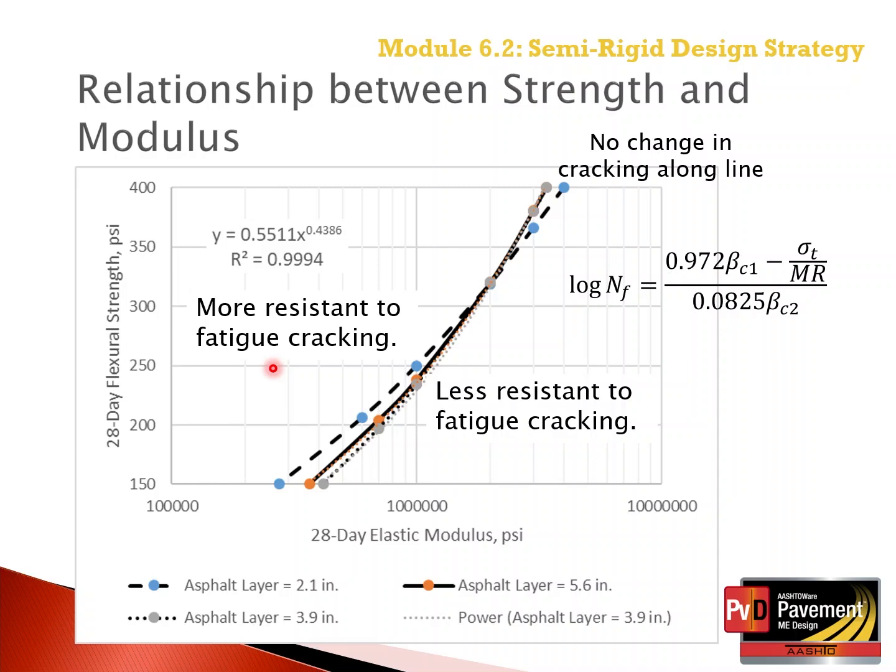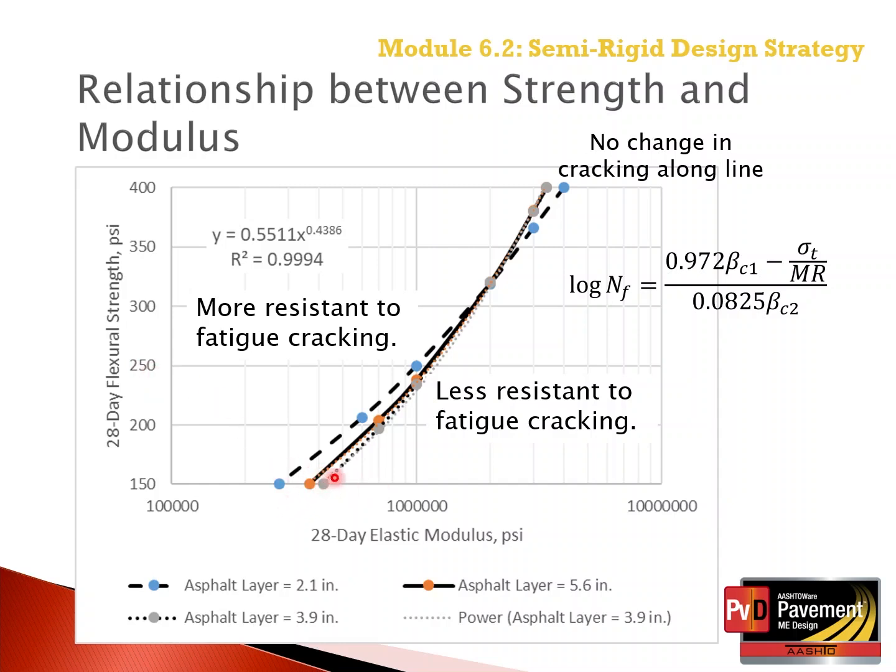base layers. This graph exhibits a relationship between the 28-day elastic modulus and 28-day flexural strength for which the magnitude of fatigue cracking at the end of the design life is the same for different combinations of elastic modulus and flexural strength. The relationships are dependent upon the thickness of the asphalt layer above the stabilized layer.